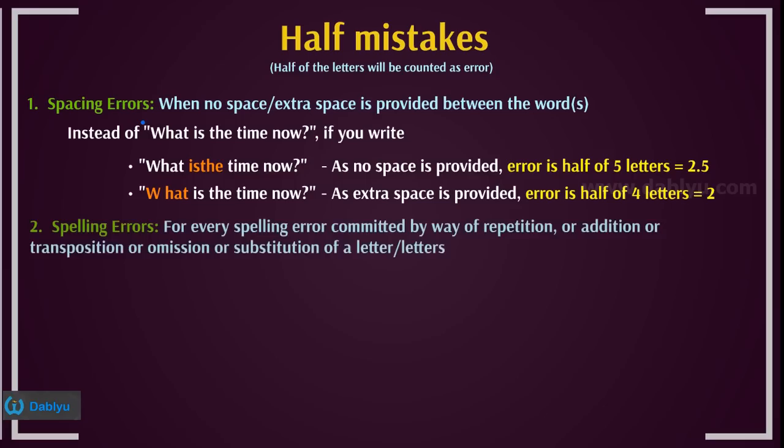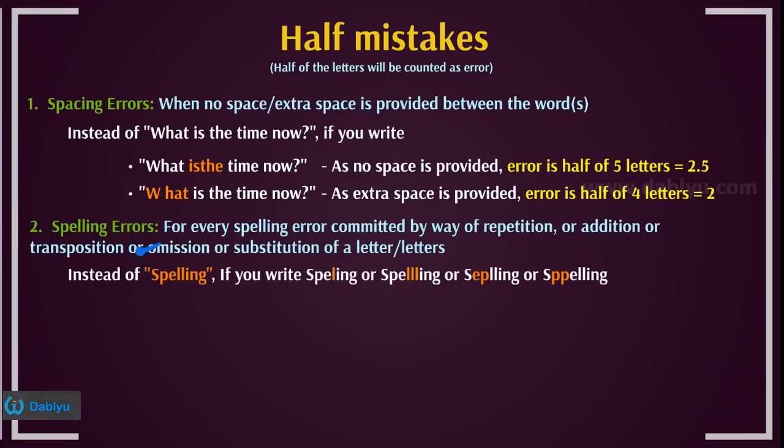Now let's get into the second case. The second case is spelling errors. Spelling errors might occur in any way. Suppose let's take an example. There is a word called "spelling". Instead of typing spelling, you made some spelling mistakes, like instead of double L you put single L, or instead of double L you put triple L, or instead of PE you wrote EP, or instead of single P you put double P. All these are different types of spelling mistakes, right?